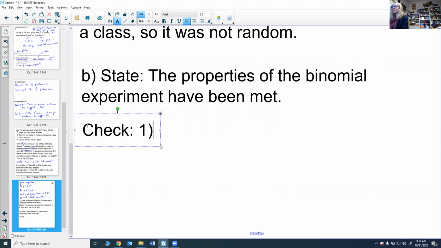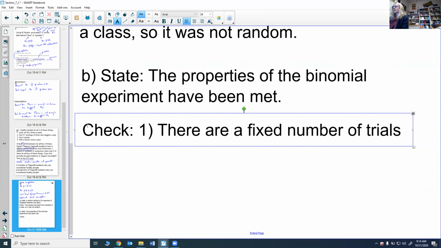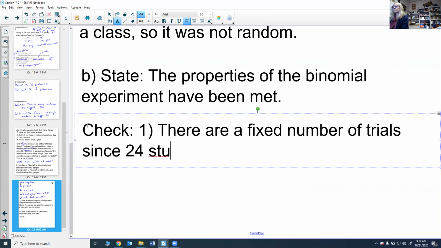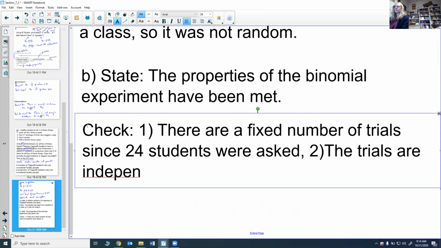So what I would probably say here is there are a fixed number of trials, since 24 students were asked. So that one's good. The second property, I should say, not assumption, is that the trials are independent, since one student's response doesn't affect somebody else.